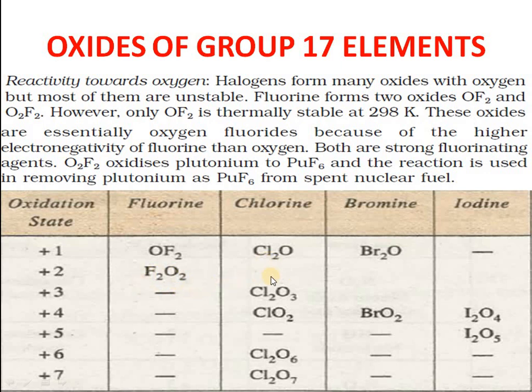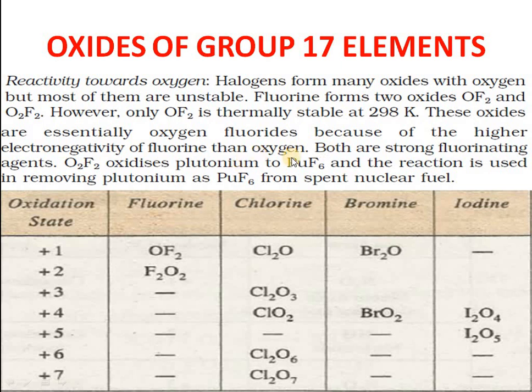Similarly, the other members except fluorine can have positive oxidation states like +1, +3, +5, +7. If you see here Cl2O3, this shows the oxidation state of +3. Similarly Cl2O4 is +4, similarly here +6, here +7. So these oxidation states can be shown.